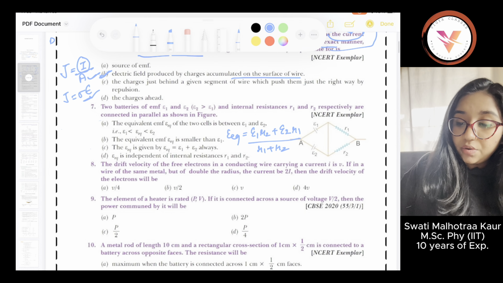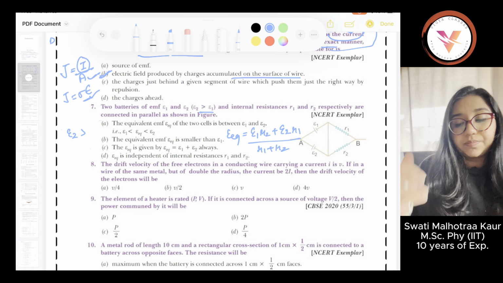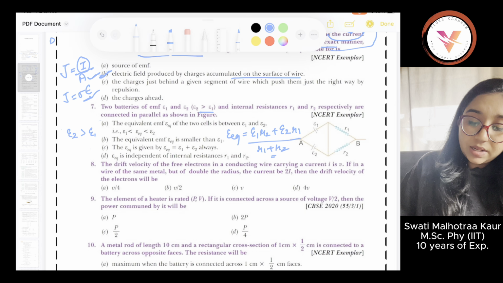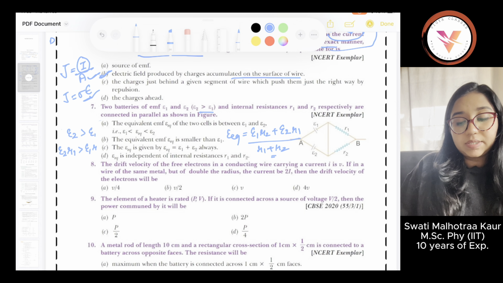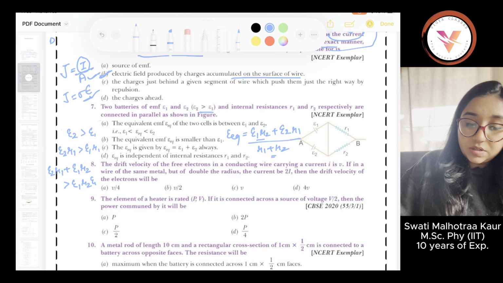Okay, now you have been given that E2 is greater than E1, right? I'm trying to make this formula. Let's multiply R1 on both sides. Okay, then add E1 R2 on both sides, plus E1 R2.